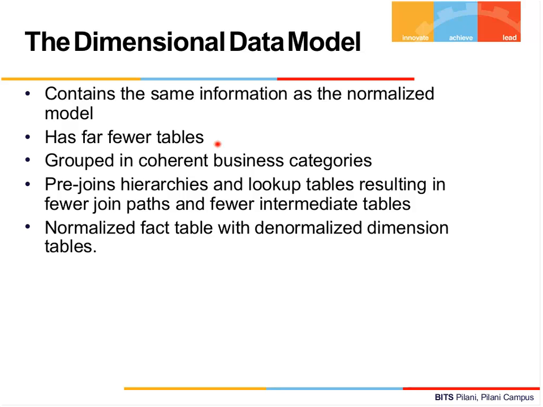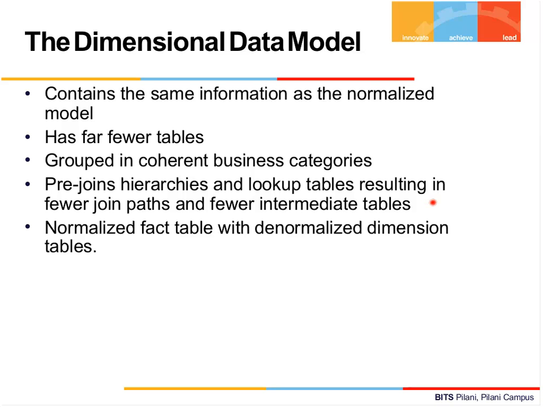Okay? So, pre-join hierarchies and lookup tables, resulting in fewer join paths and fewer intermediate tables. So what does this sentence talk about? It is what I said before, I'm trying to give the results faster. How am I going to give that?